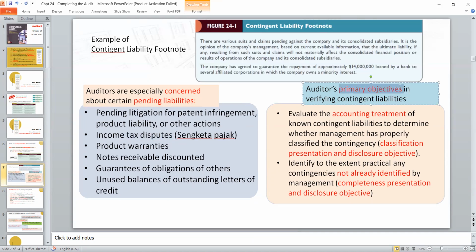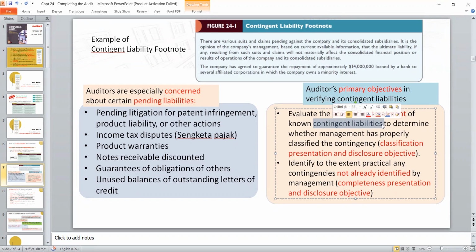Okay, so for the primary objective of verifying the contingent liabilities, first you need to evaluate the accounting treatment based on the contingent liability nature. So what kind of contingent liability does this company have, and what kind of accounting treatment will they use for it? Is it right based on the standard or not? Okay, this is the primary objective.